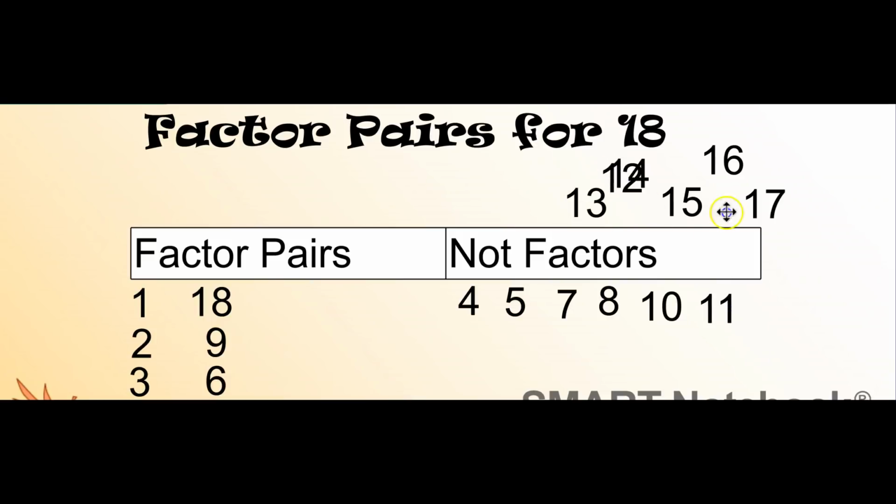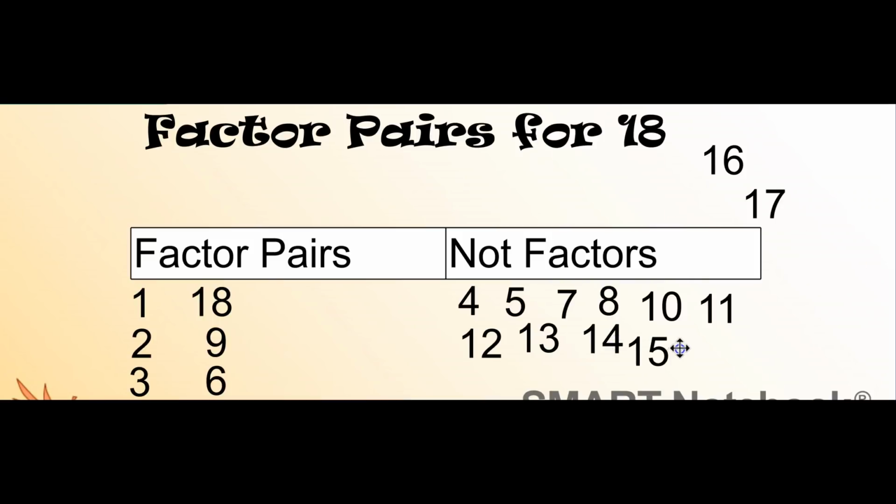Can't multiply anything by 12, or 13, or 14, 15, 16, or 17, and get a product of 18. So my factor pairs for 18 are 1 and 18, they're a pair, 2 and 9, 3 and 6.